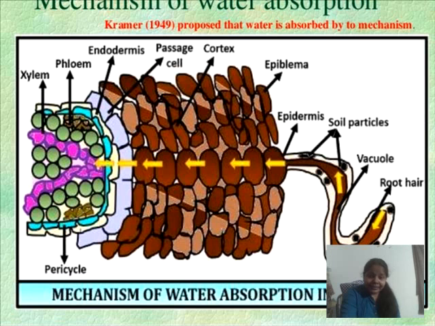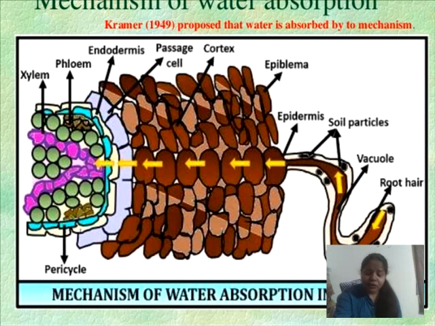But there are certain regions just opposite the protoxylem area. Certain cells are present known as passage cells. What are these called? Passage cells. These passage cells are usually present opposite the protoxylem elements, and these passage cells allow the movement of water.